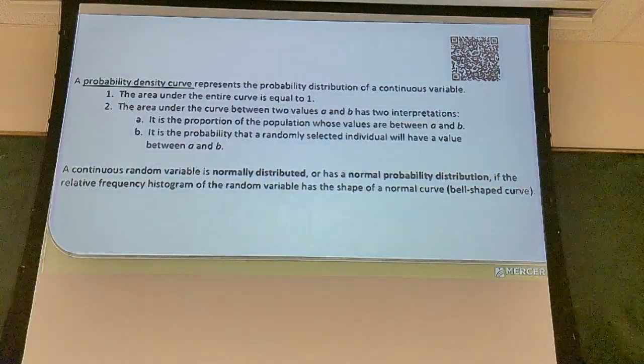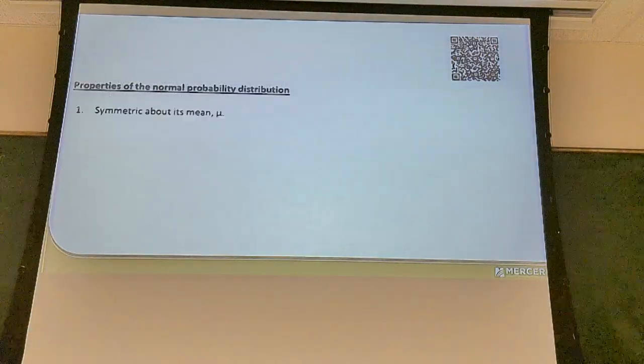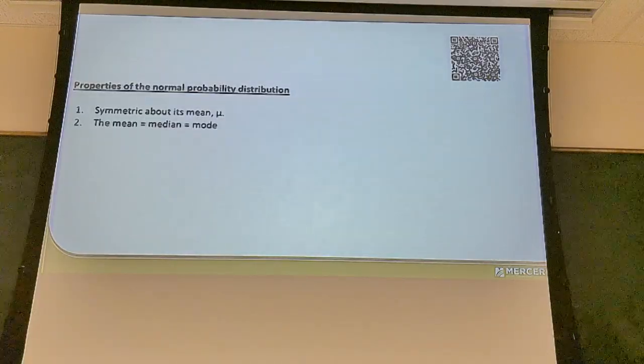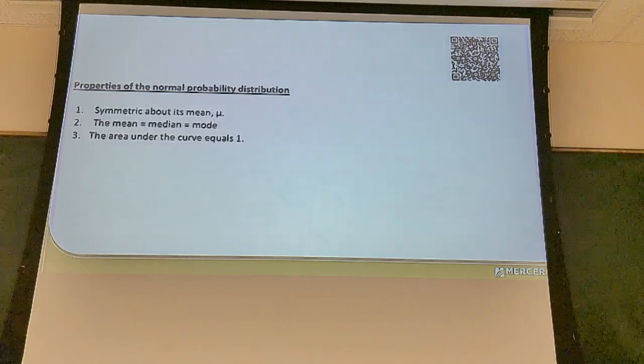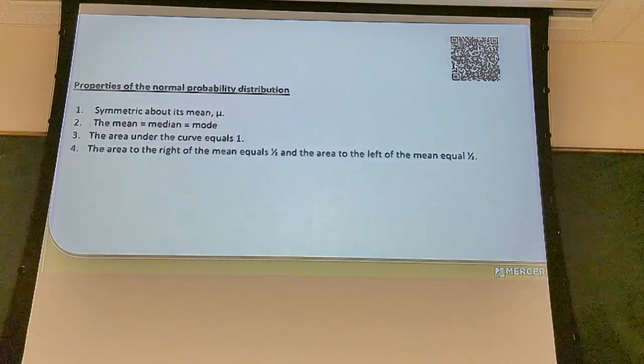The normal distribution is always symmetric about its mean. The mean, median, and mode are all the same. Area under the curve is 1, that's for any random variable.